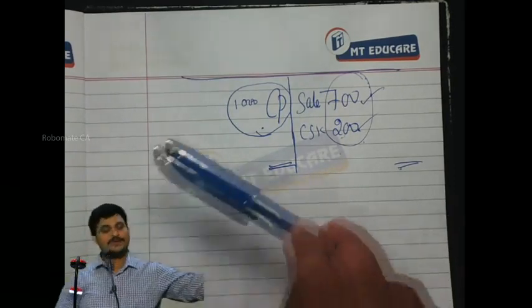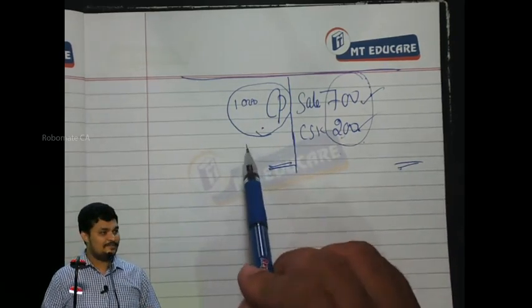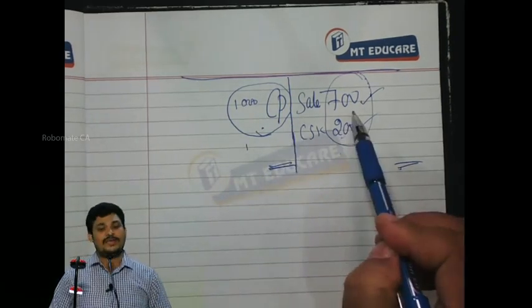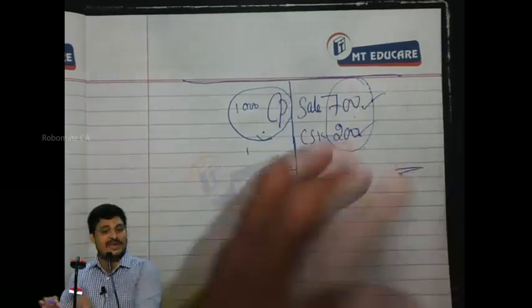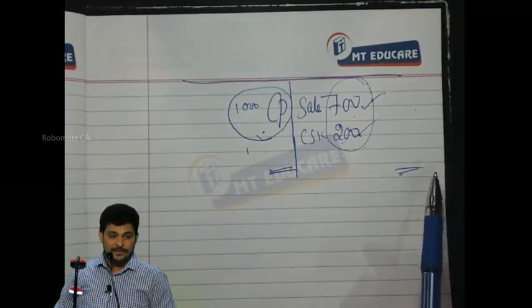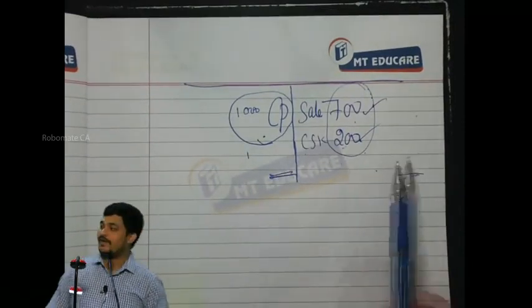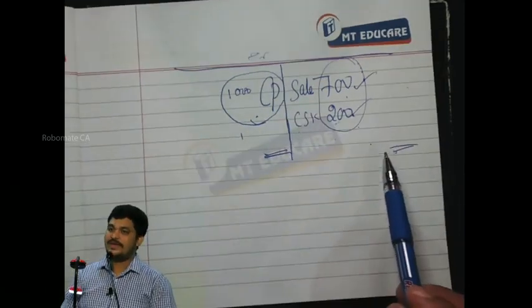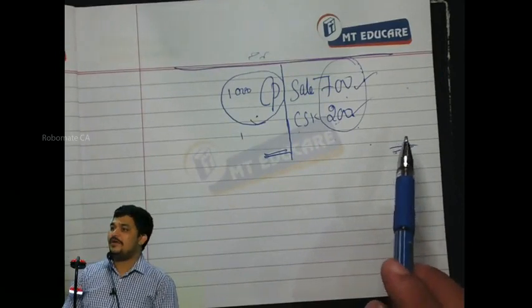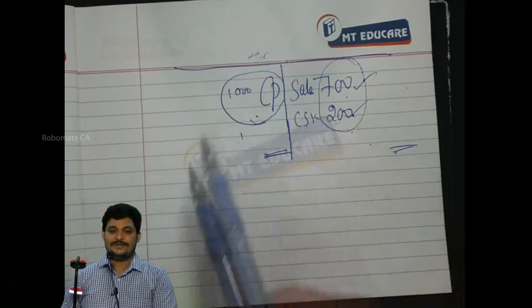I have bought 1000 units for 10,000 rupees, which is there in my cost. If I sold, I am showing it in the sales. Not sold also, I am showing as if it is still recoverable. But if I don't make an entry for the loss, then the loss is accounted in which account? Trading account. But if it is abnormal loss, we don't want that loss to be in trading.